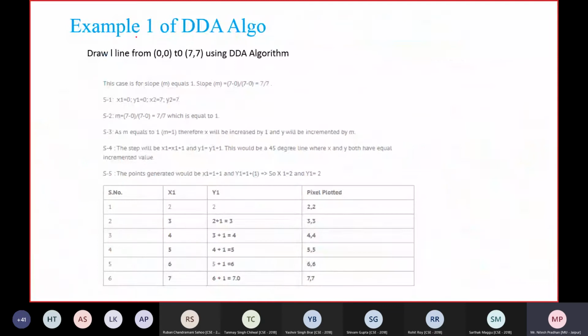Now see guys, see this example first. It says draw a line from point (0,0) to (7,7) using the DDA algorithm. This first point is your x1, y1, which is (0,0), and (7,7) is your x2, y2.